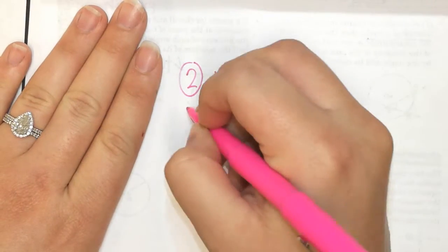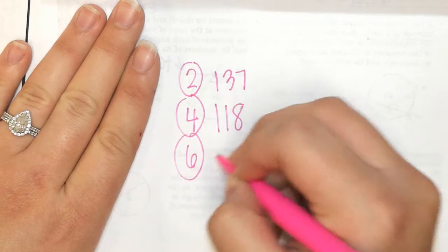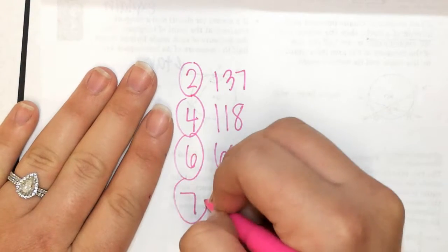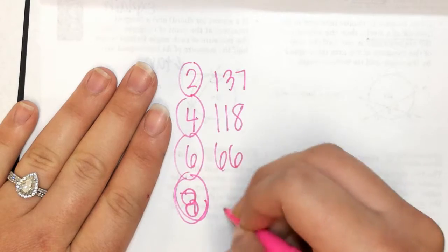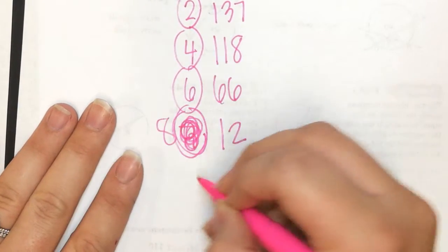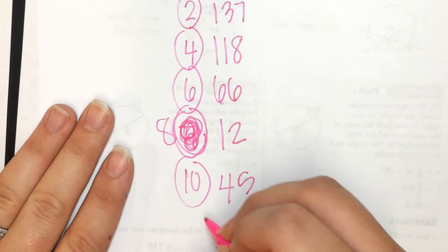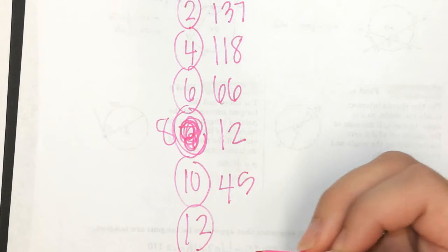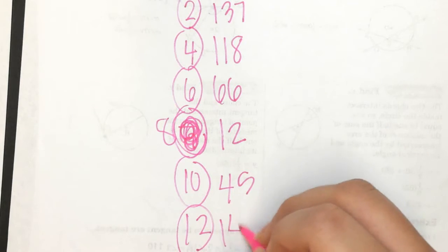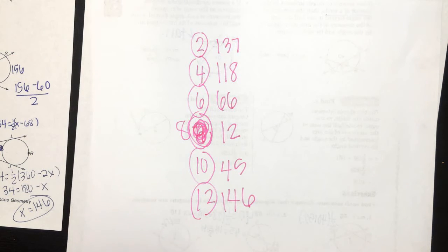Show me your work, please. Don't just write the answers. 4 is 118. 6 is 66. 8 is 12. 10 is 45. And 12 is 146. Okay? So I'm giving you the answers so you can know if you did them right or not. But don't just write the answers.